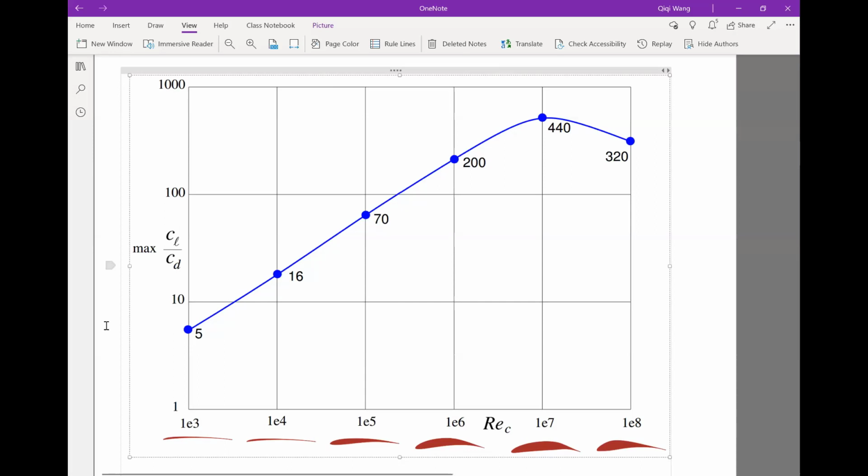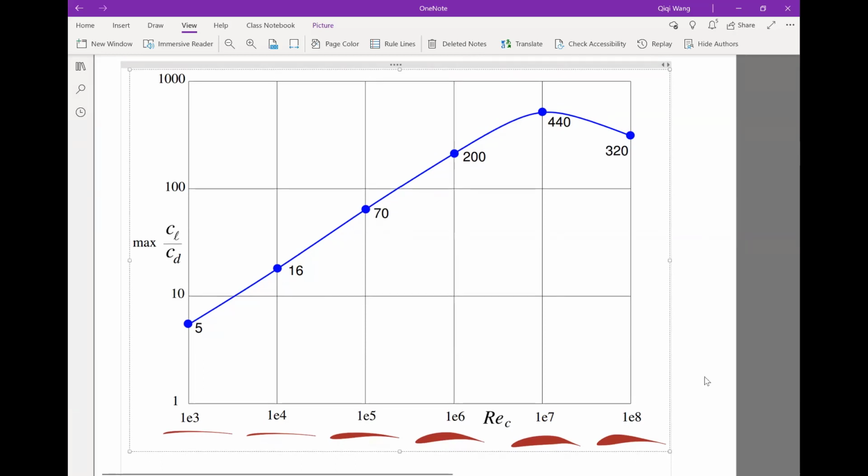So we get significantly different airfoil shapes. Again, when the Reynolds number is small, you get very flat, very thin airfoils. As the Reynolds number increases, you get airfoils that look more like the kind you expect on airplane wings. So these are the non-obvious examples of design optimization. That's the kind of thing we are talking about today.